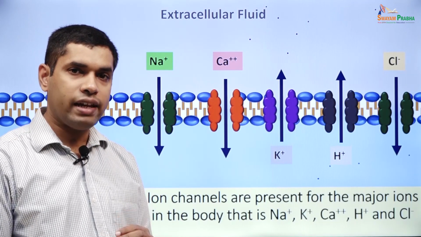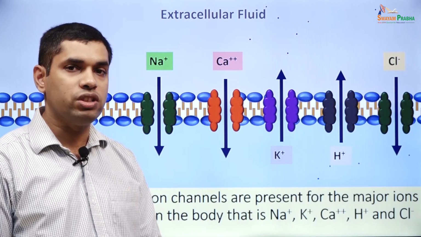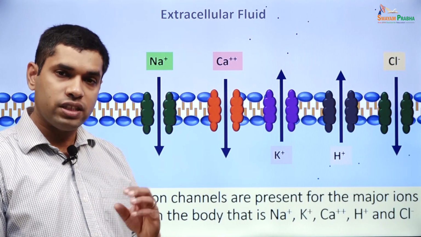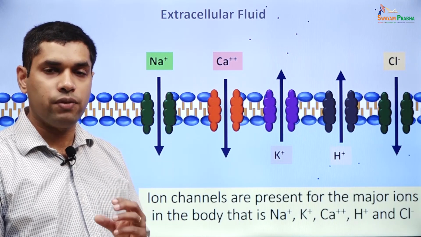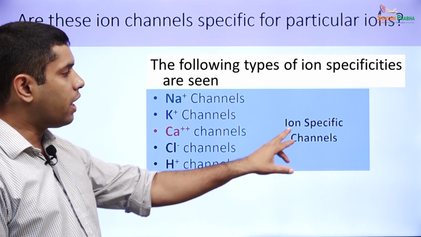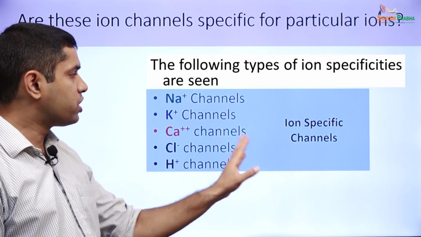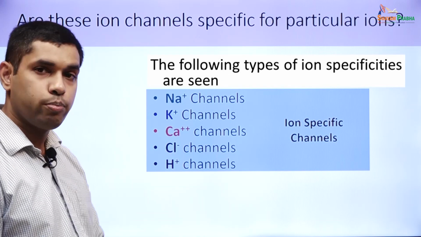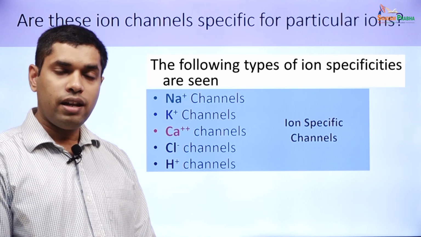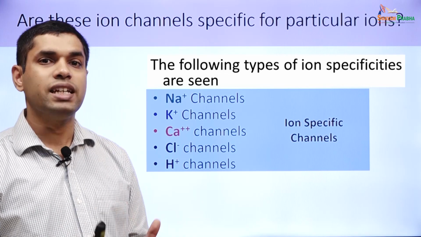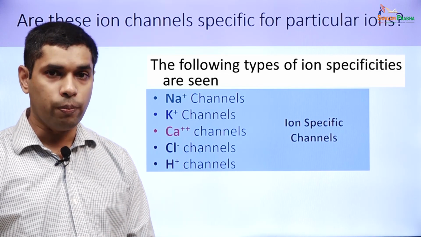So when we look at what ion passes through the channel, or we're looking at the specificity of the channel, the first type of channels are specific or ion-specific channels. So we have ion-specific channels which are there for sodium, potassium, calcium, chloride, and protons.